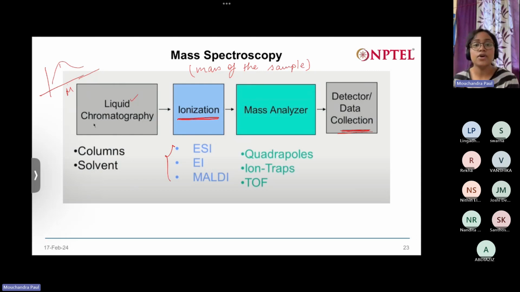Once it falls on a detector you will get a graph, and that graph will help you understand the distribution of mass of a sample. Basically that is the information you were looking for when you started with this particular technique.